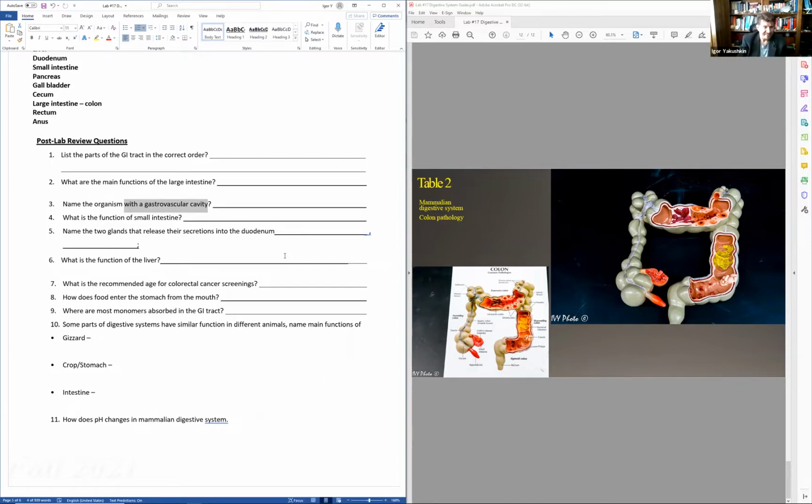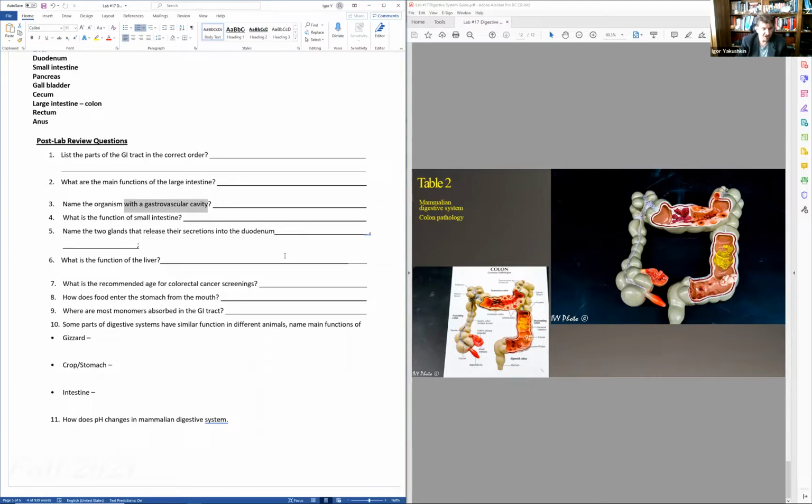So it will be similar to teeth. The birds don't have teeth, they have something else. Now, the crop and stomach. Well, basically, it's like a function of the stomach, to start the digestion, and also a highly acidic environment. And then the intestine, that would be digestion and absorption.